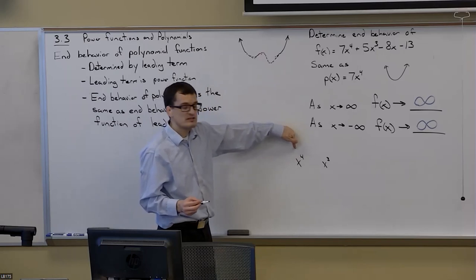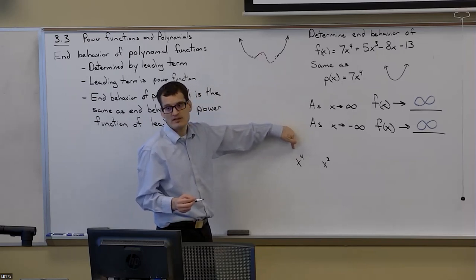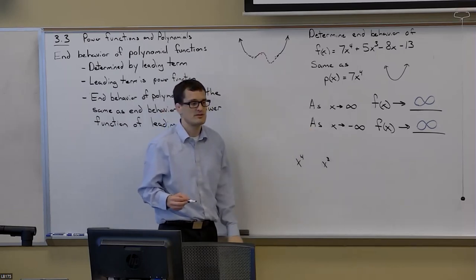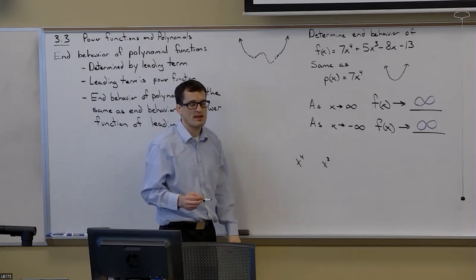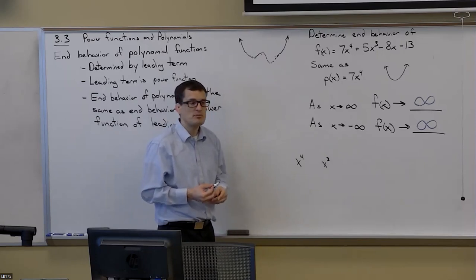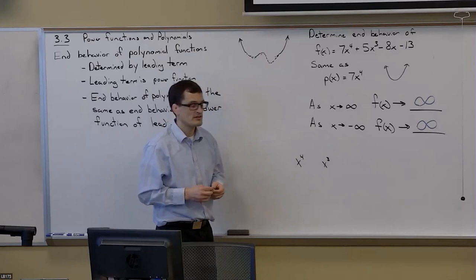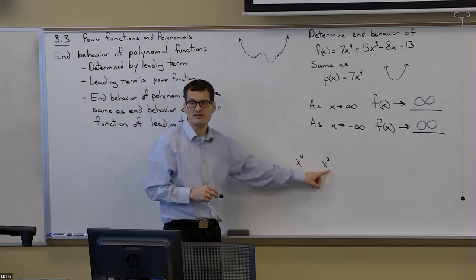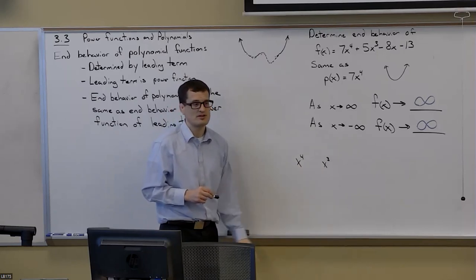Well, x to the fourth, if I plug in 1,000, is going to be 1,000 times bigger than x to the third. Now plug in 1,000,000. Well, x to the fourth is going to be 1,000,000 times bigger than x to the third.